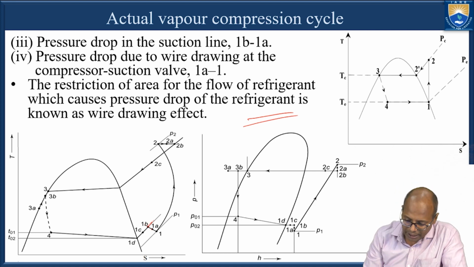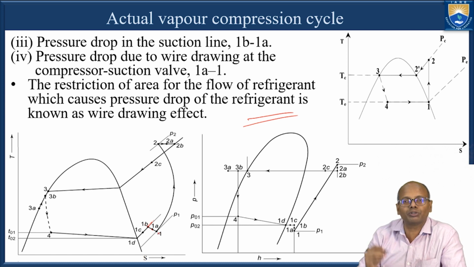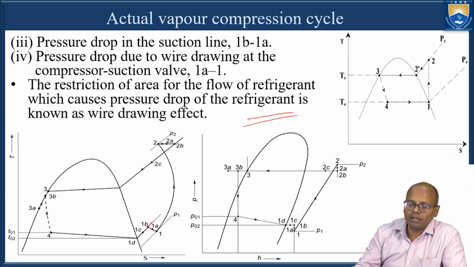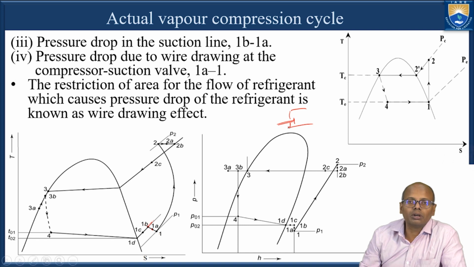Now you can see the pressure between 1A and 1. 1 is the actual pressure at which it enters the compressor, but at the inlet of the compressor there is a valve. This is a reciprocating compressor, and here is our valve. Because of this valve, the area is reduced.